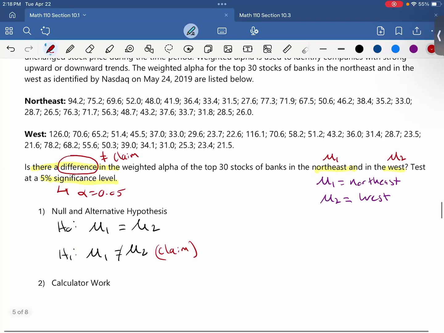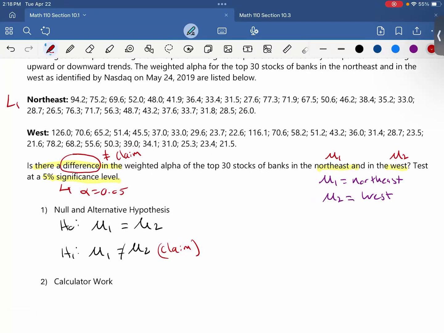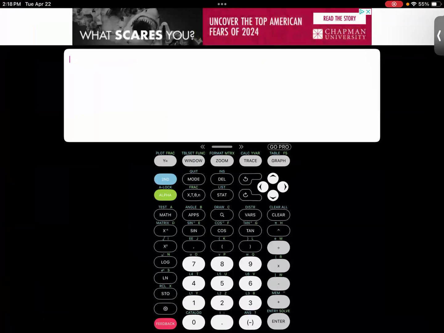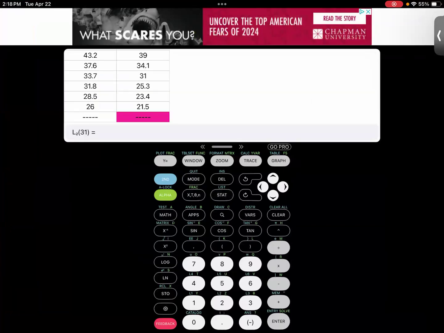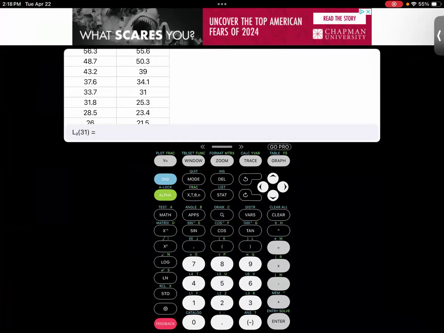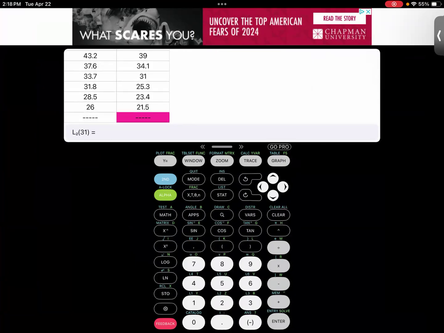So we want to put Northeast data in list one and West data in list two. Go to your calculator, hit edit, and list all that data in list one and list two, making sure you have 30 pieces of data each.